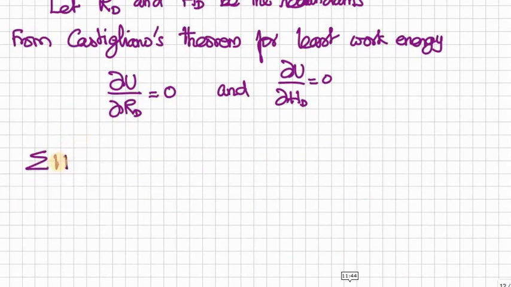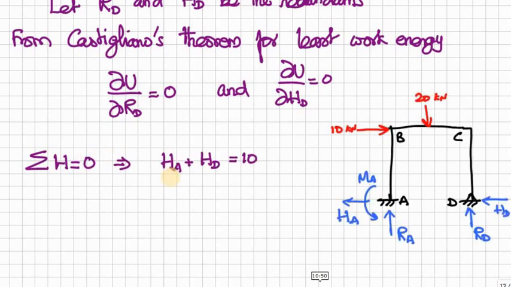So from sigma H is equal to 0, in the frame we have RA, RD and HA, HD. Here we assume HA and HD are acting towards the left, since the external force is acting towards the right.